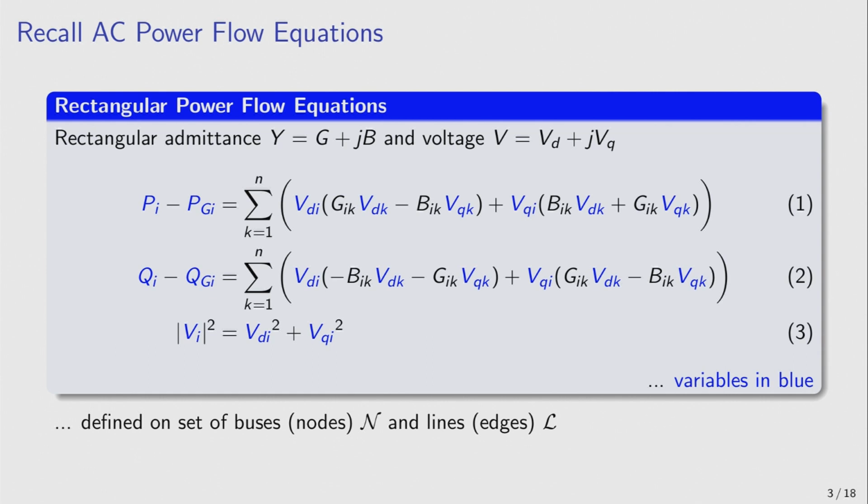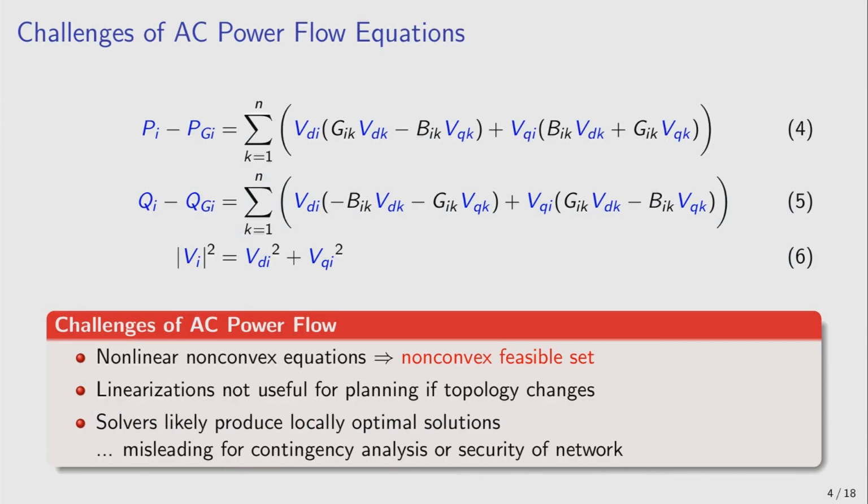And they're defined over the sets of buses or nodes and lines L. And the variables are here in blue, and the first thing you notice is that you have a lot of multilinear terms in these equations. And you have a quadratic equation at the bottom. So those are nonlinear expressions in general.